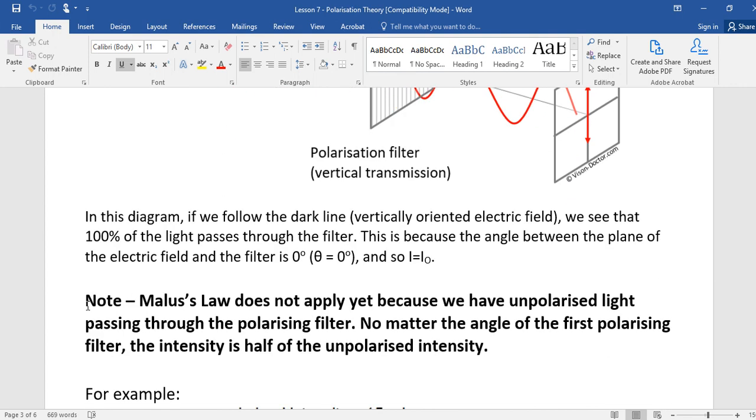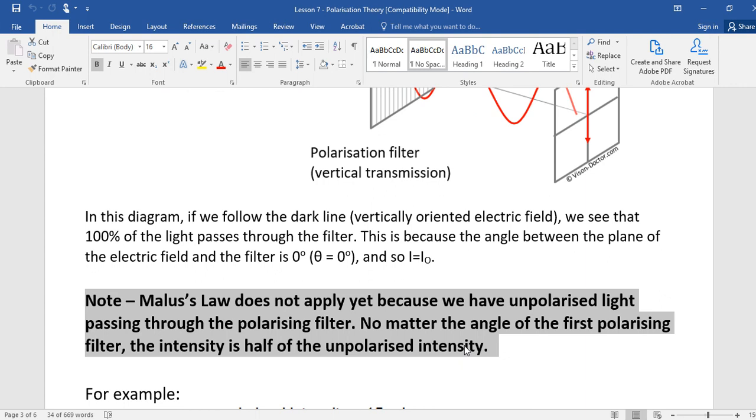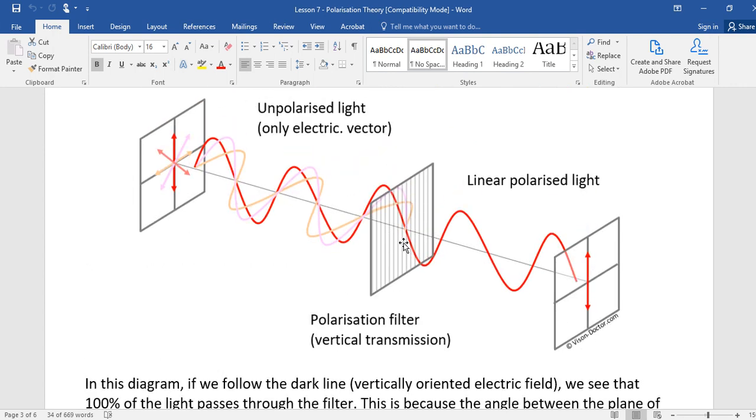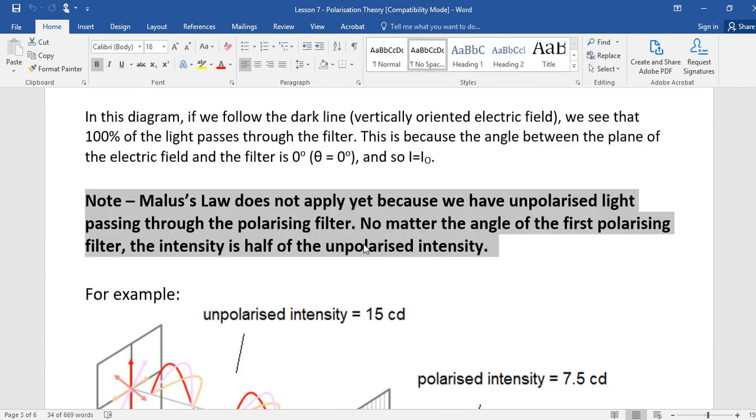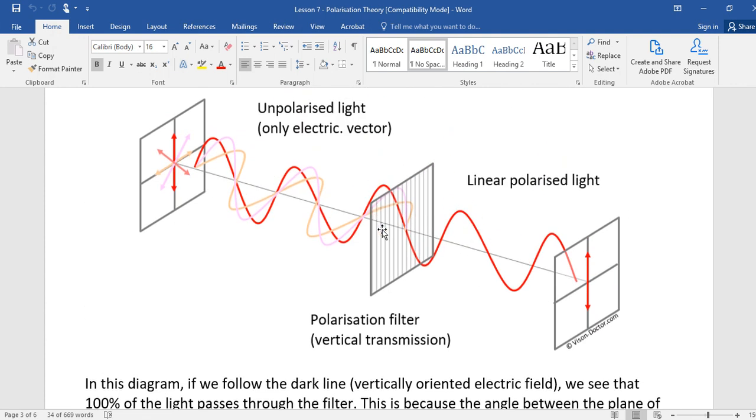So Malus's law is not applying yet because we don't have polarized light. This is not polarized light passing through a filter. This is unpolarized light. For Malus's law, you need to have polarized light entering that has come through a filter. So probably this light here entering a second filter, which we'll look at in a second. So for situations like this one, the unpolarized light compared to the polarized light, always, if you put unpolarized light through one polarizing filter, the stuff that comes out is exactly half the intensity of the original unpolarized light.